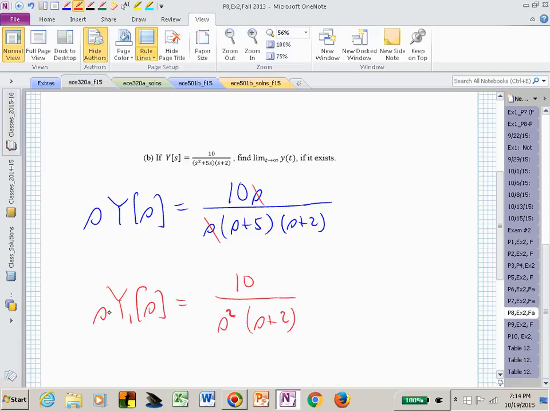Because now you're looking at this, and do you have any poles on the imaginary axis or in the right half plane in this s y sub 1 expression? You do. You cannot apply this. Y sub 1, if you inverse Laplace transformed, is going to have a t term in it. It's going to go unbounded with time. It doesn't have a final value.